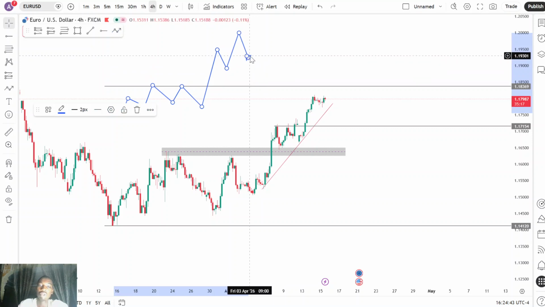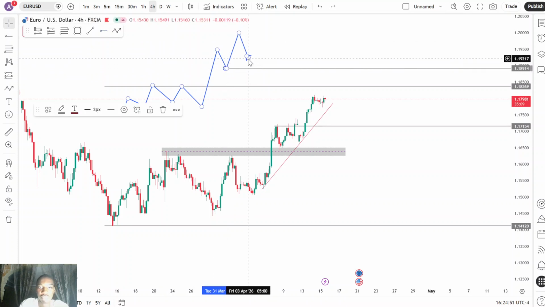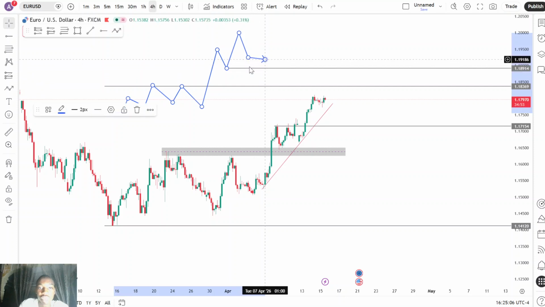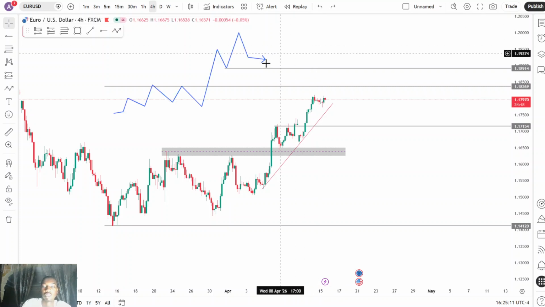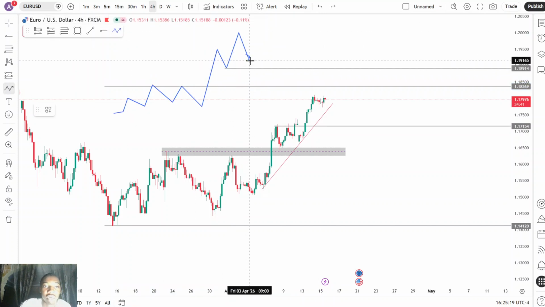So now you can see from this point that there's a resistance level here. This is where candlestick confirmation comes in, of seeing something like a W pattern. From this point you have to see a W pattern around there.